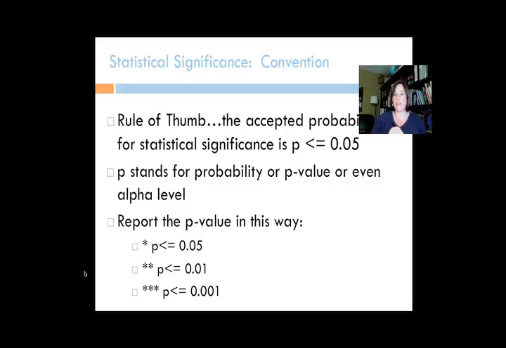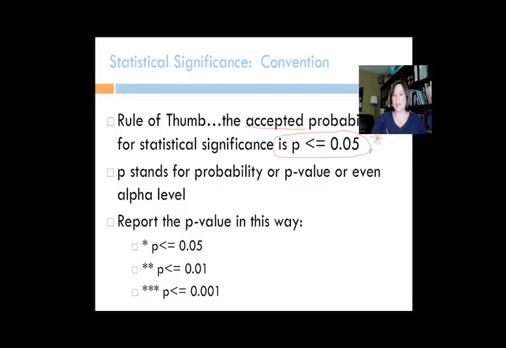Okay, so a little bit more about convention and statistical significance. The rule of thumb for statistical significance that's accepted is p less than or equal to 0.05. There are very few rules in statistics, but there are conventions, and this is probably one of the most important conventions.